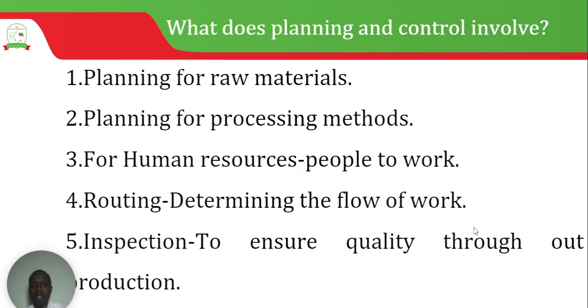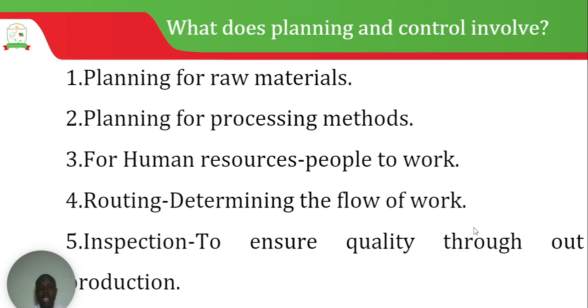Then we are asking ourselves, what does planning involve? That's a very, very important aspect. Number one, we are saying planning involves planning for raw materials. So we plan for raw materials in terms of quantity, in terms of sources, in terms of the cost of those raw materials.